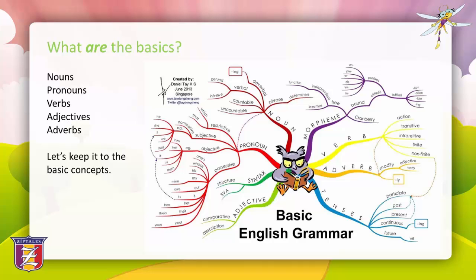What are the basics? Nouns, pronouns, verbs, adjectives, adverbs. I wouldn't worry too much about prepositions and conjunctions. Most children will get them right 99% of the time. Nor would I go into the complexities of the subjunctive. Most people won't know the difference between if I were more energetic or if I was more energetic.